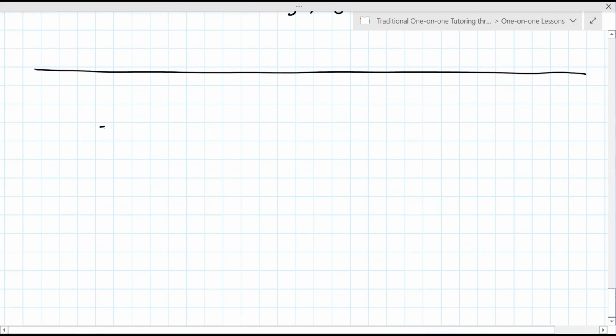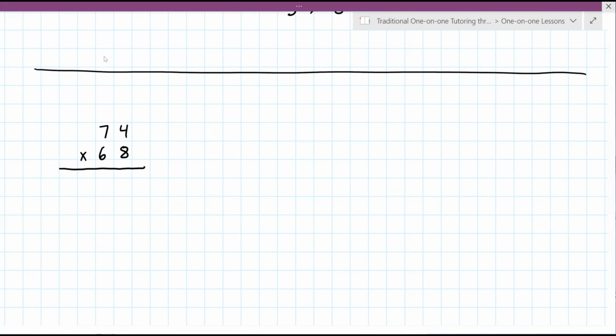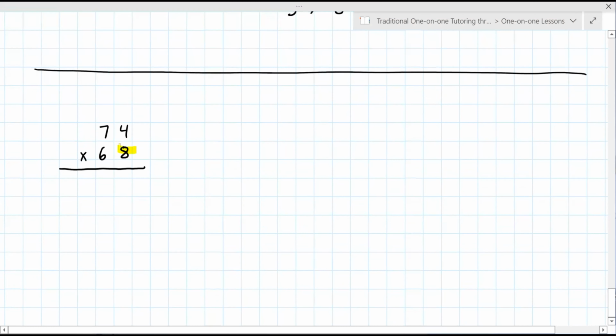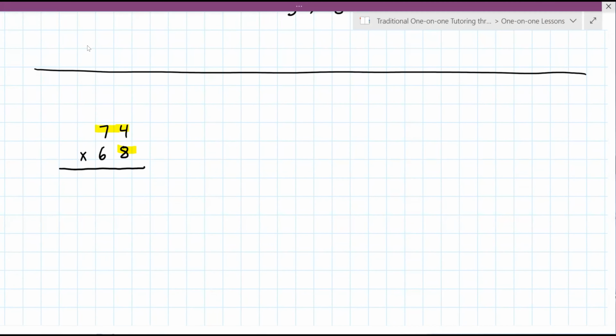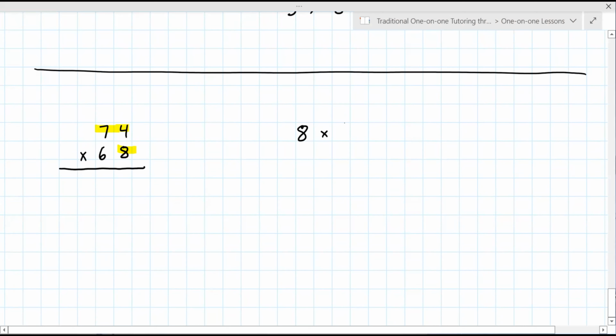Let's go 74 times 68. Okay, so notice we're going to take this 8 and multiply by the 4 and the 7. So we're going to do 8 times 4 and then 8 times 7.